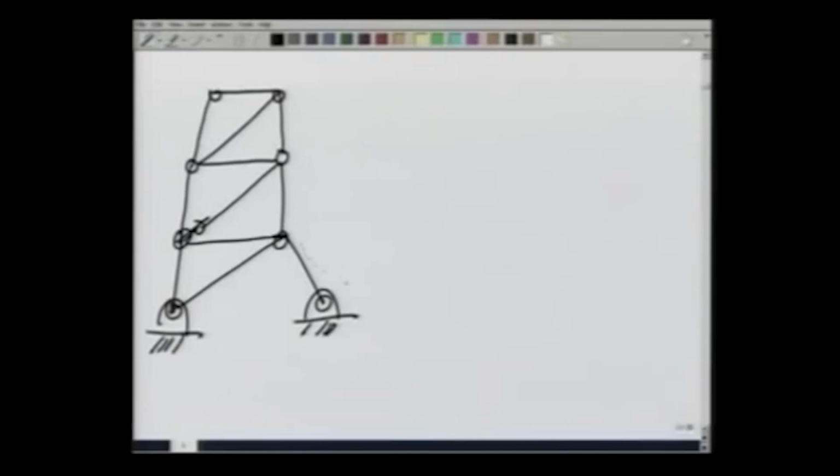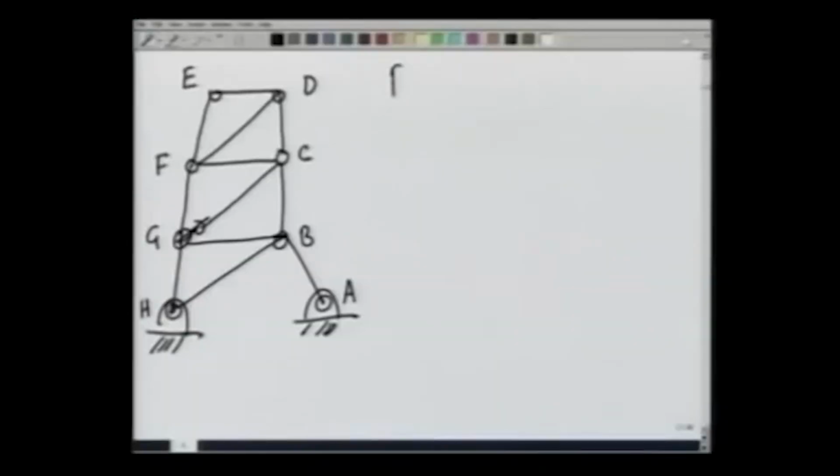Now this is A, B, C, D, E, F, G, H. Apparently an indeterminate problem, but let us see if we can solve for forces in different members. To start with, let us look at point E, and I am choosing point E because from there we can start solving things in a very simple manner.